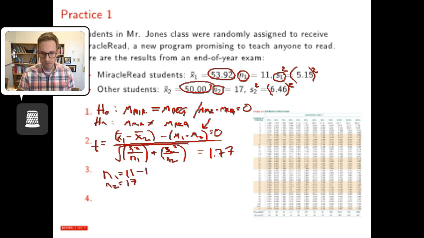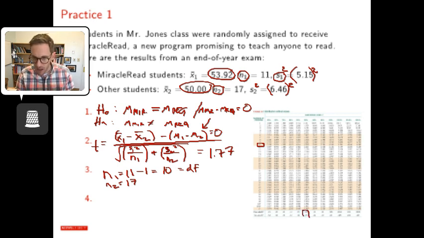Now we have our degrees of freedom 10 in our chart. We know it's a two-sided test, and we'll do the same 0.05. And if we go up here, we get a critical value of 2.228.